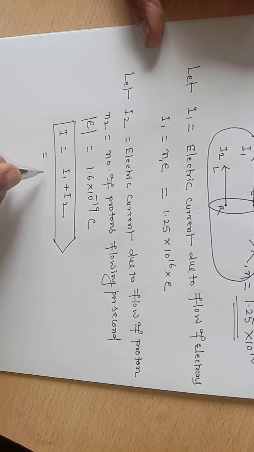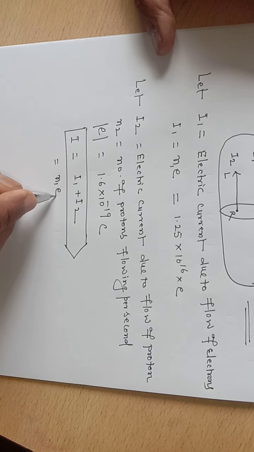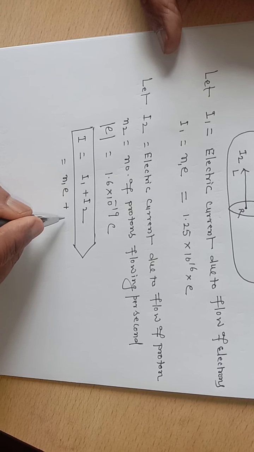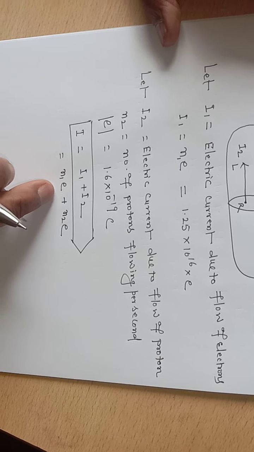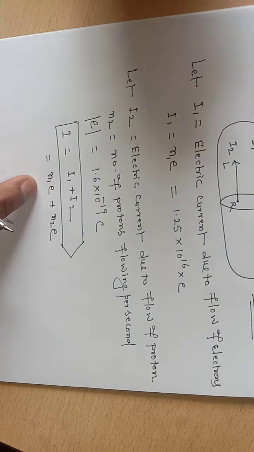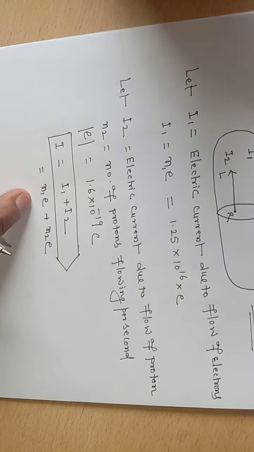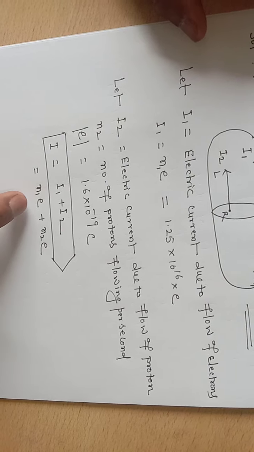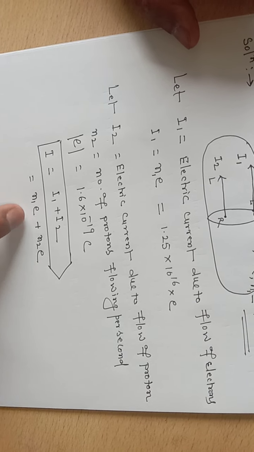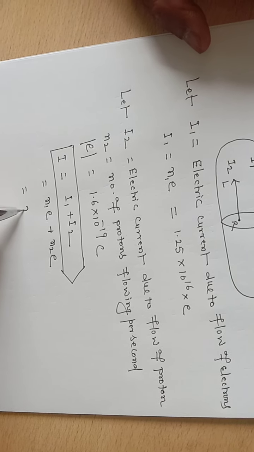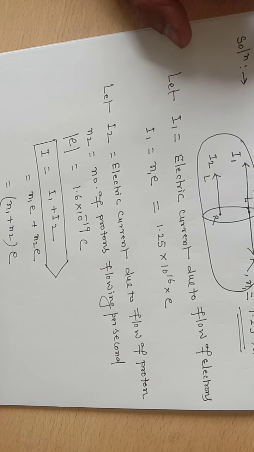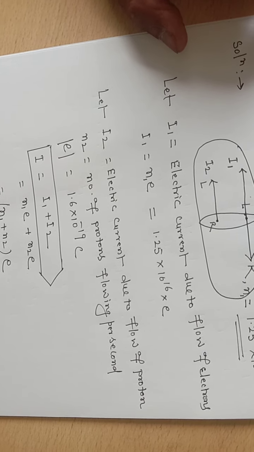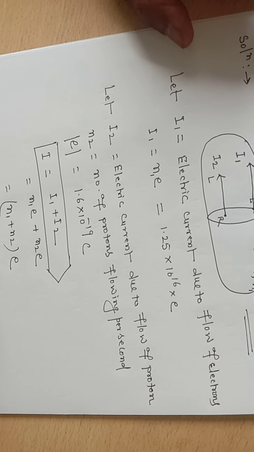Put the value of I1. I1 is N1 into E, and put the value of I2. I2 is N2 into E, where E is electronic charge. Electronic charge is the same on electron as well as on proton. The magnitude of charge we are taking here. So this will be N1 plus N2 into E. The value of N1 is 1.25 into 10 to the power 16.